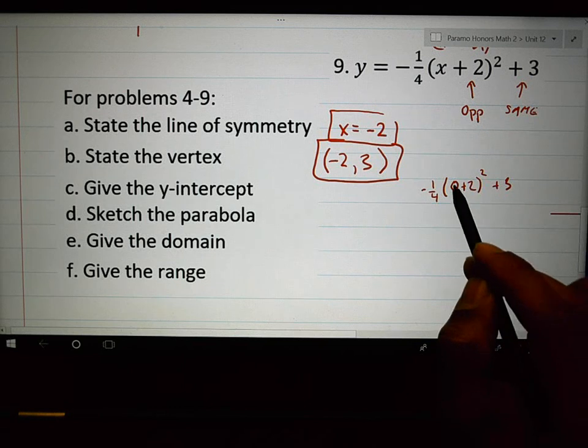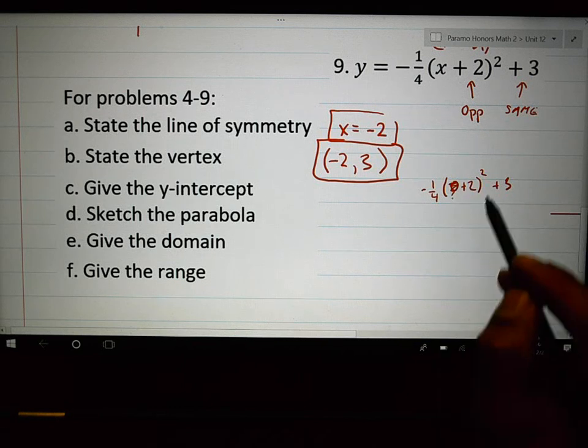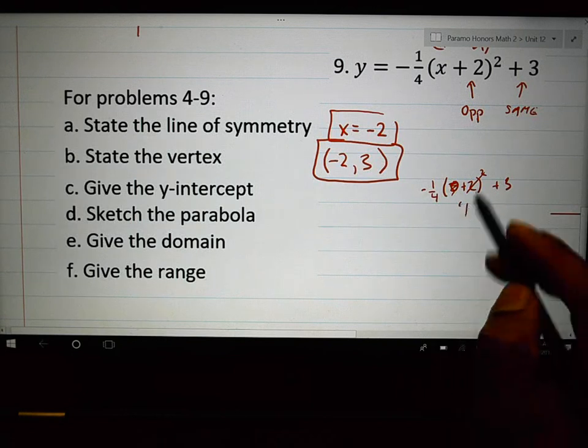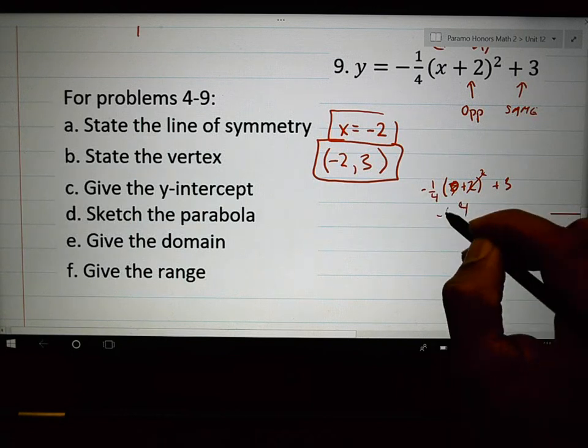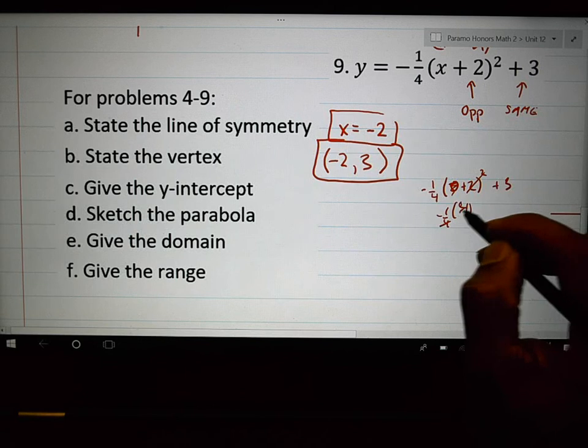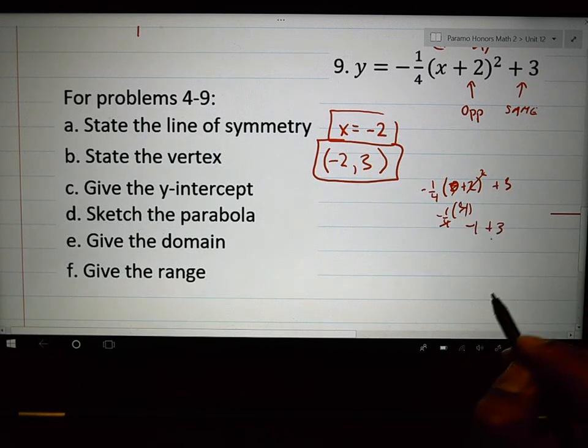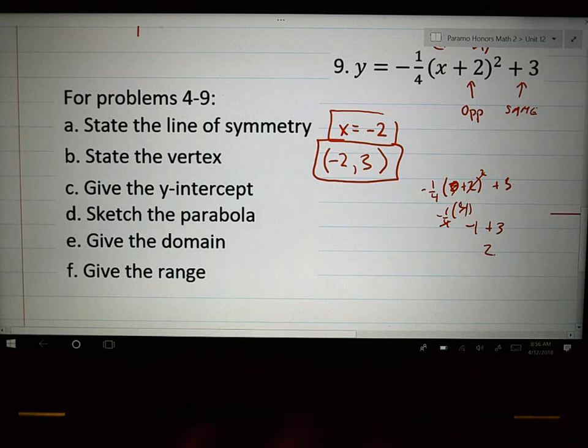Parentheses. 0 plus 2. 2. 2 squared. 4. Multiply before you add. 4 times -1/4 is -1. Plus 3 is 2. We don't just write 2. 2 is the y-intercept. That's where it crosses the y-axis. I want a coordinate. I want a location.